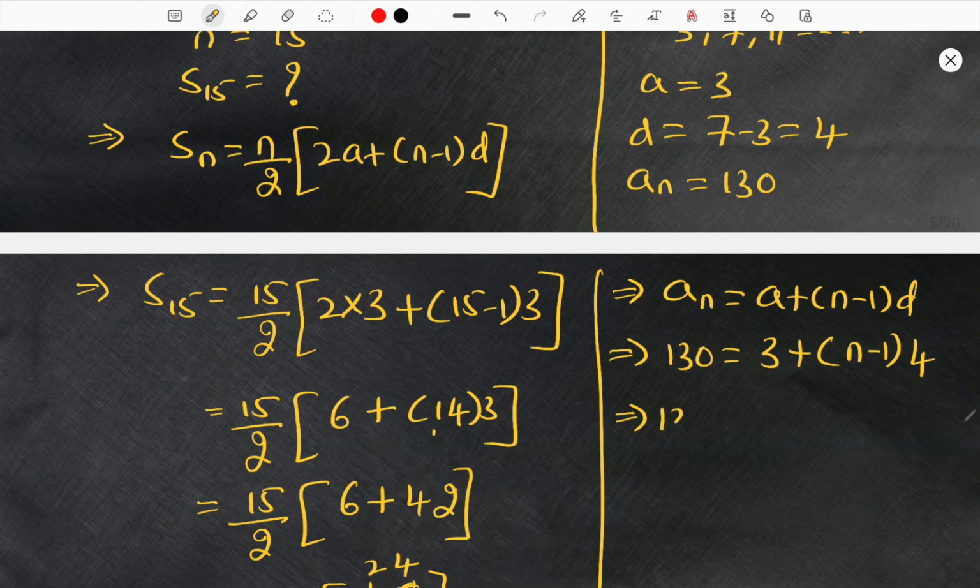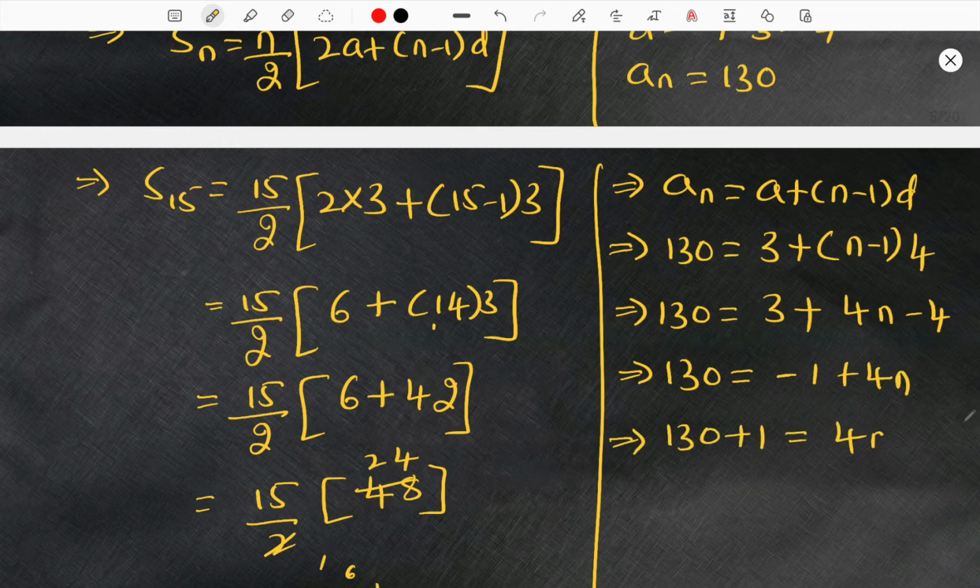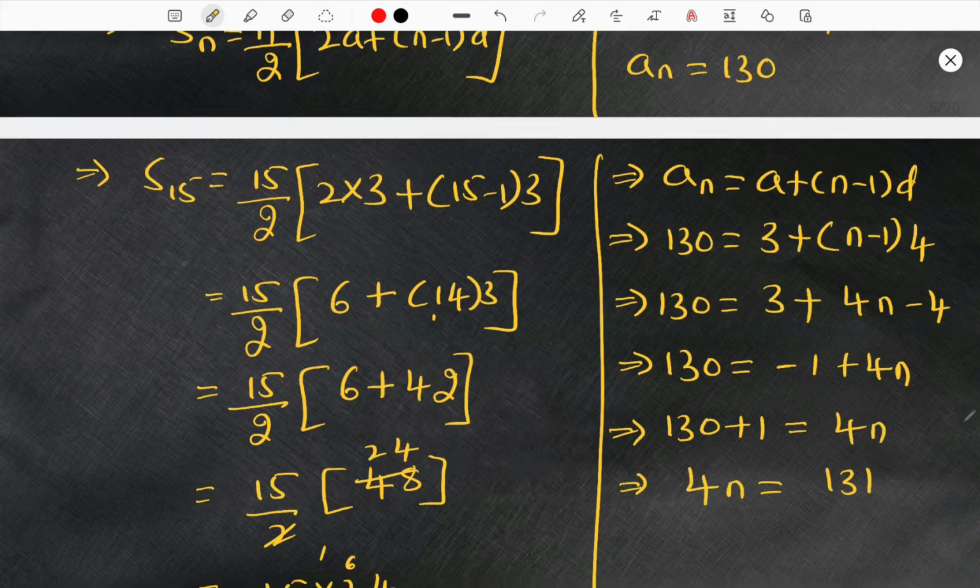So it becomes 130 is equal to 3 plus n into 4 is 4n, then minus 4. Then we will have 130 is equal to 3 minus 4 is minus 1, plus 4n. All right. So 130 plus 1 this side, then it becomes 4n. So we will have 4n is equal to 131.